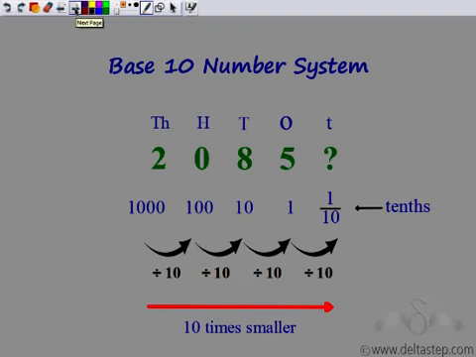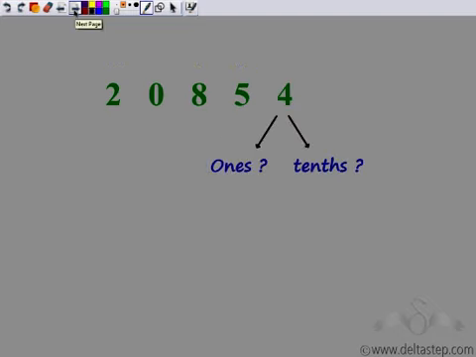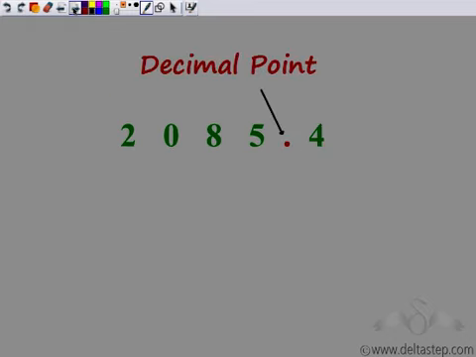Now the question was, if you have a number, what would the last digit represent? 1 or tenth? Well, to solve this problem, it was decided that tenth would start only after a decimal point. So we put a decimal point, that is a small dot.